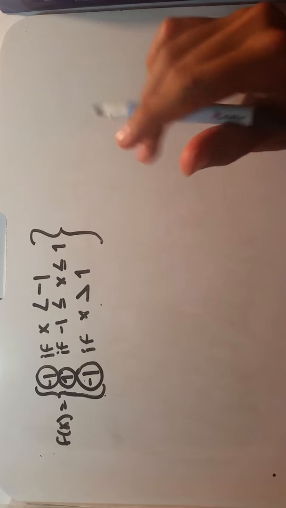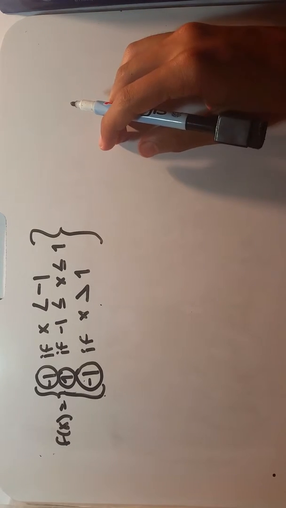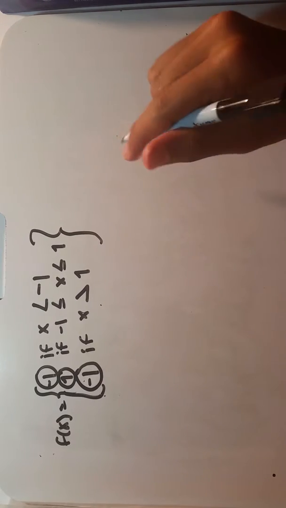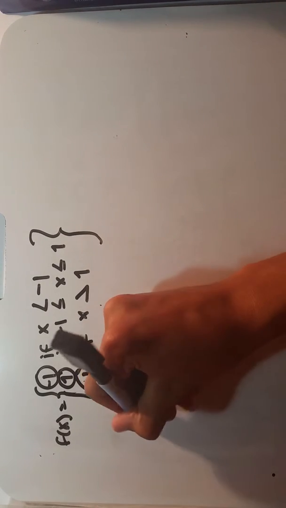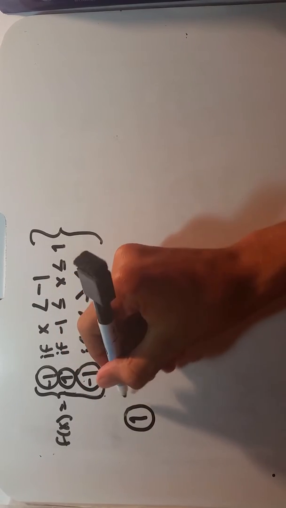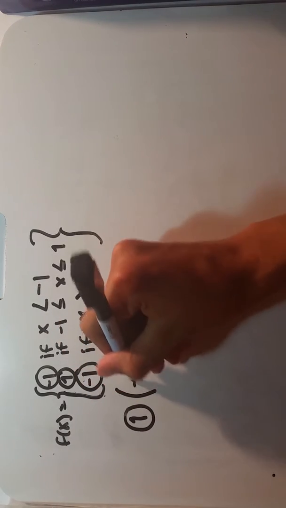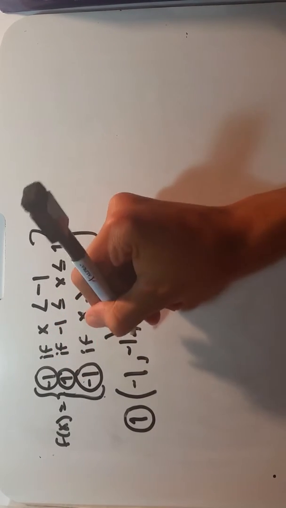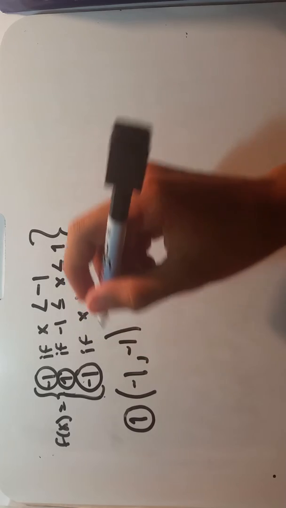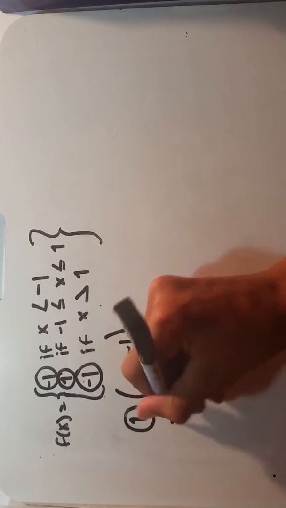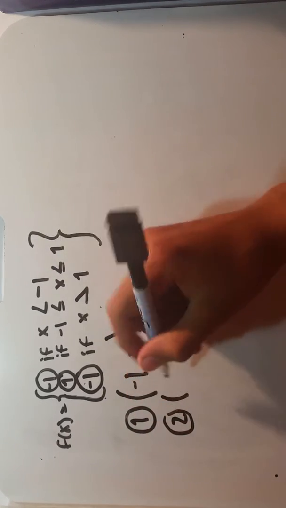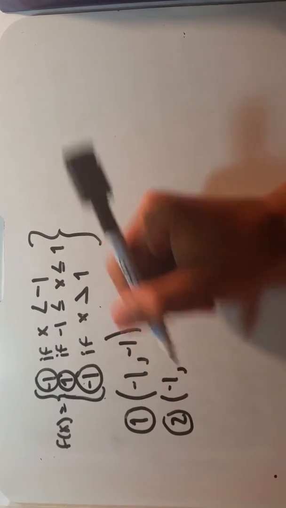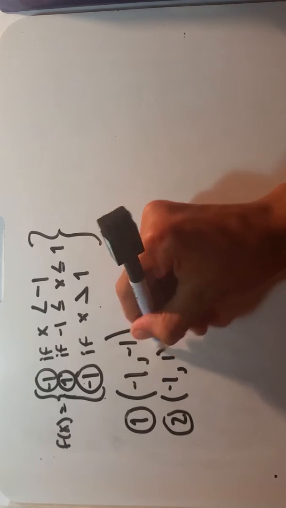So now, with this information, we can coordinate reference points in our graph. The result of the first function is (-1, -1). The second function, when x value is -1, y value will be 1.